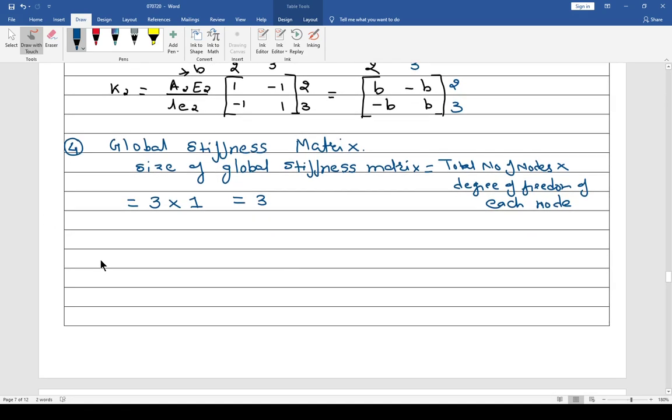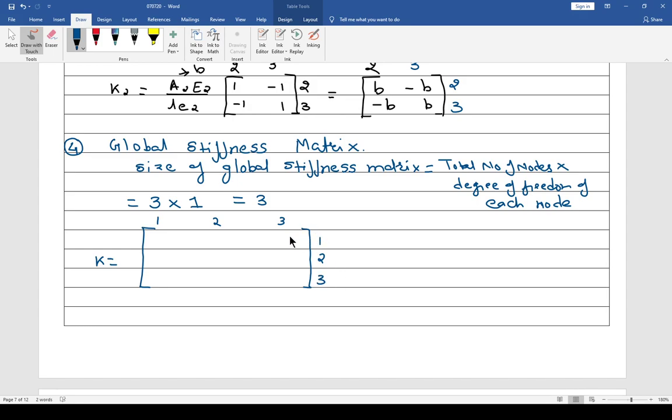Therefore I write Ks, with rows and columns 1 2 3.